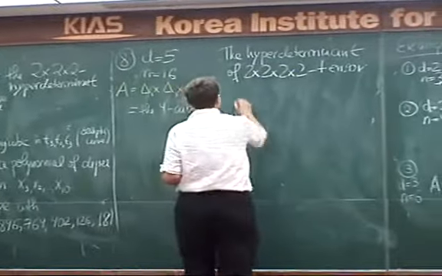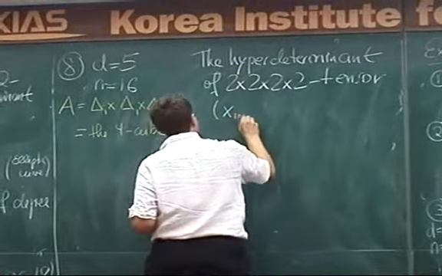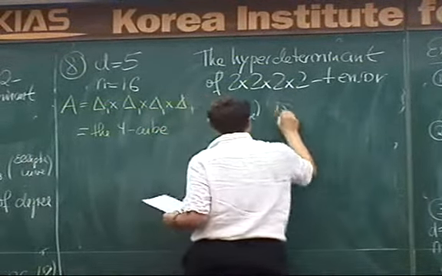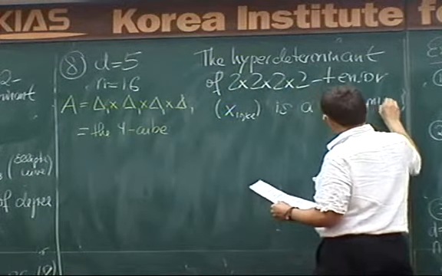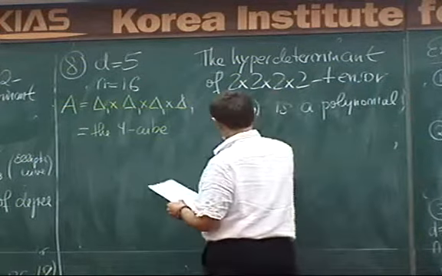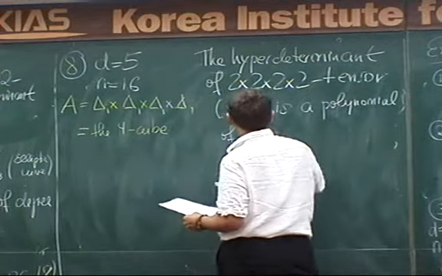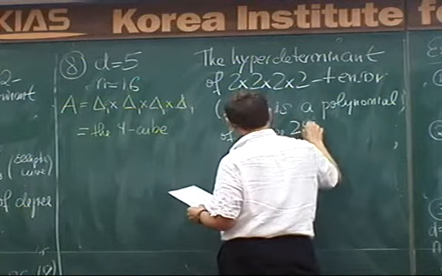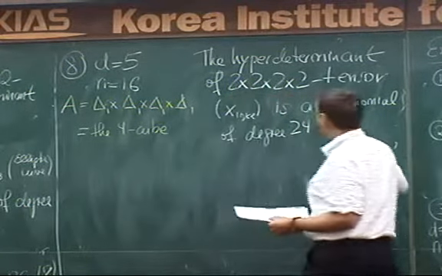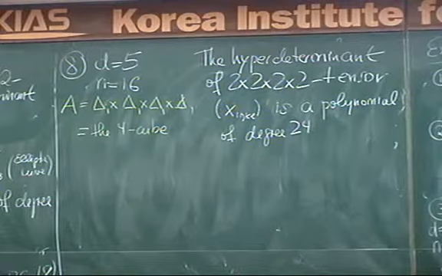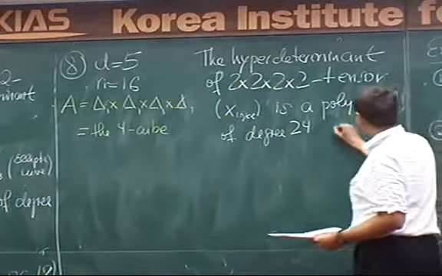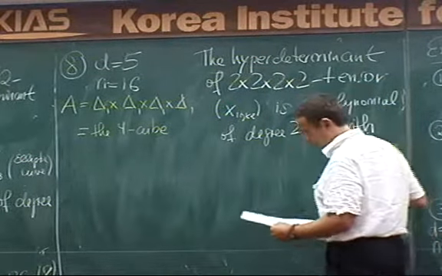This tensor has coordinates x_ijk and so on. And that's a polynomial of degree 24. This is the basic entanglement measure for a 4-qubit system, a 2 by 2 by 2 by 2 table. And this is now a slightly more interesting example.